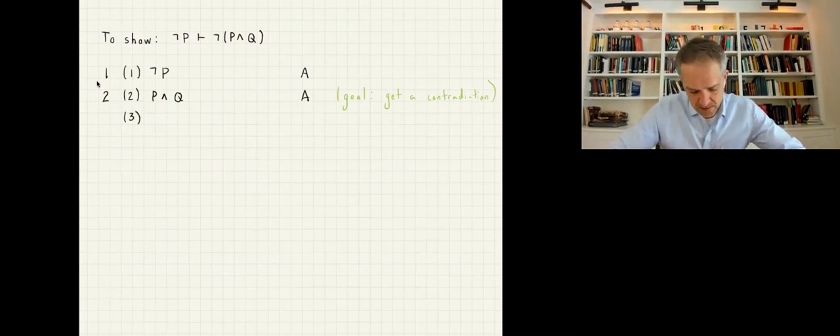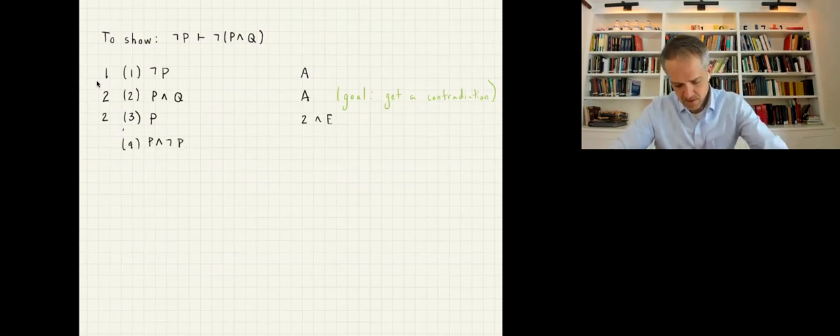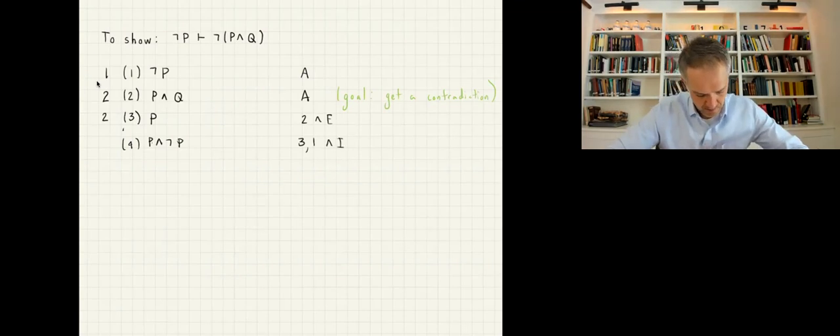In this case, it's pretty easy to see how that contradicts line 1, because line 2 gives us P. And so now we have P and not P, 3, 1, and introduction.